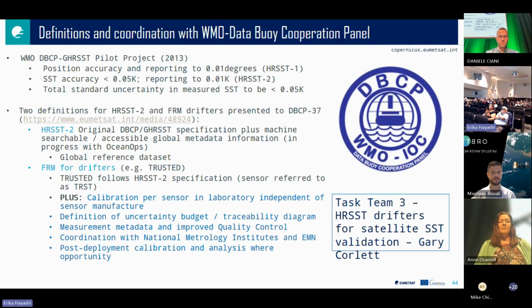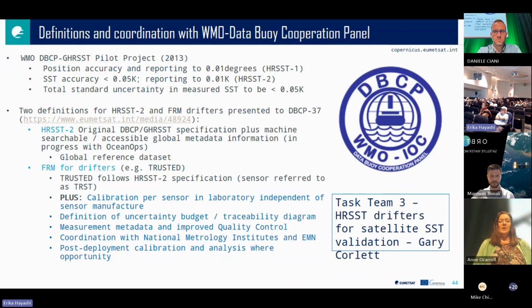So what we have for FRM is based on the HRSST2, but is a subset of that with additional specifications. The HRSST2 includes the global metadata information, but the FRM for drifters such as trusted follows the HRSST2 specification, plus a few other aspects.